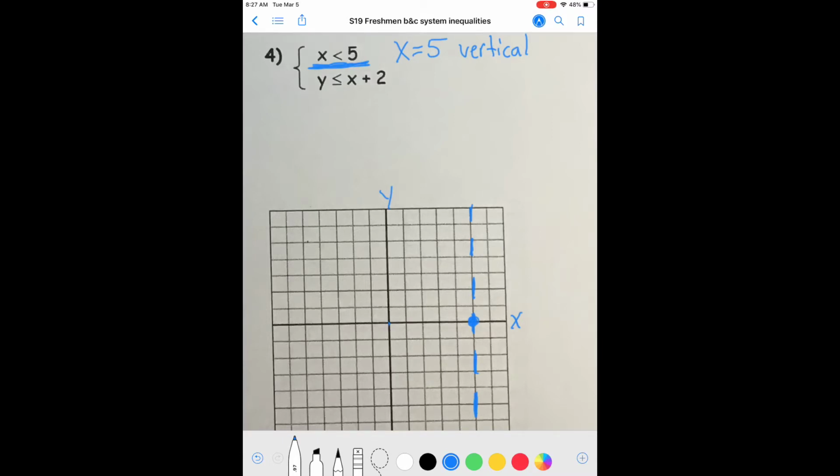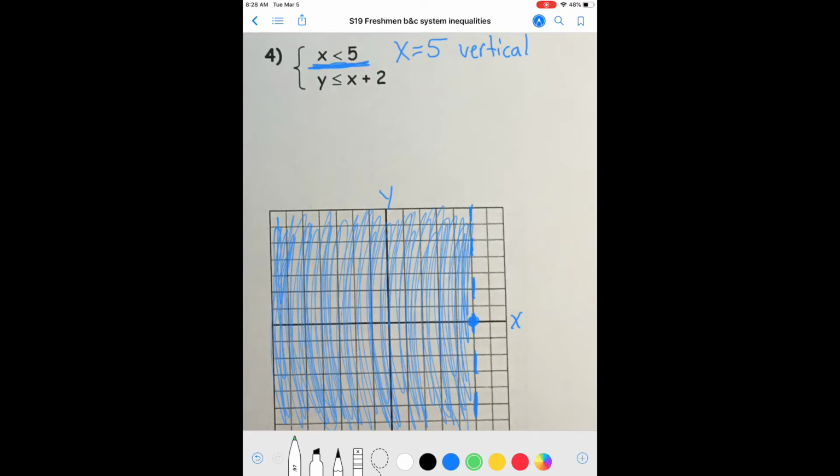It's less than, so what it's asking us is to show all of our solutions for x and y are going to be less than x equals 5. So all of these values to the left are x values that are less than 5. That is why we shade on the left side. So we have a dashed line and shading to the left for the first one.